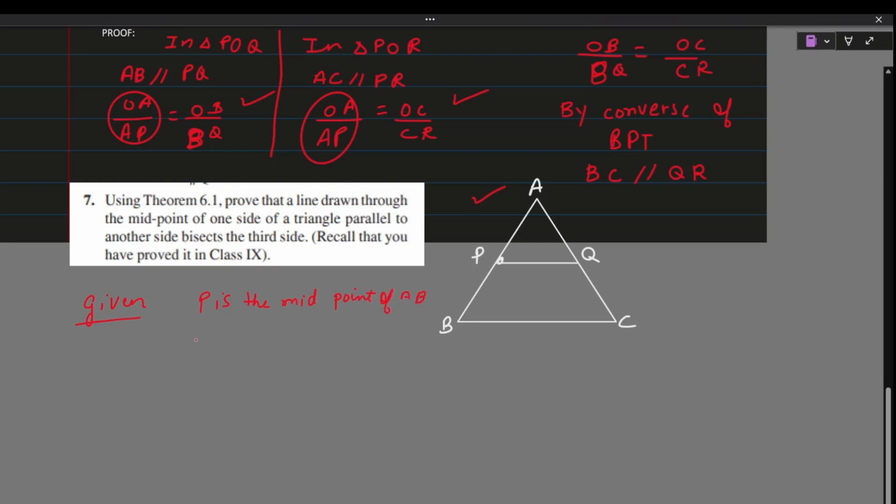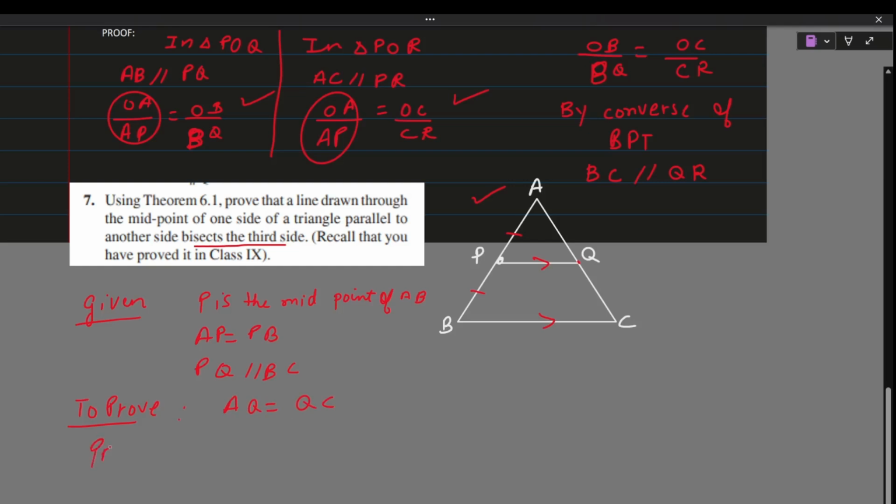It means AP is equal to PB, and PQ is parallel to BC. We have to prove that it bisects the third side. It means Q is bisecting AC, and we have to prove that AQ is equal to QC.